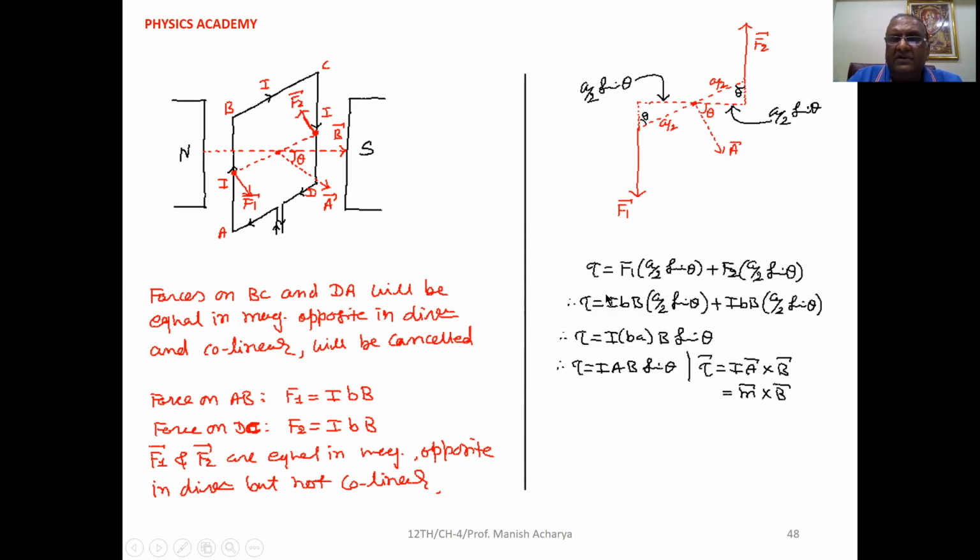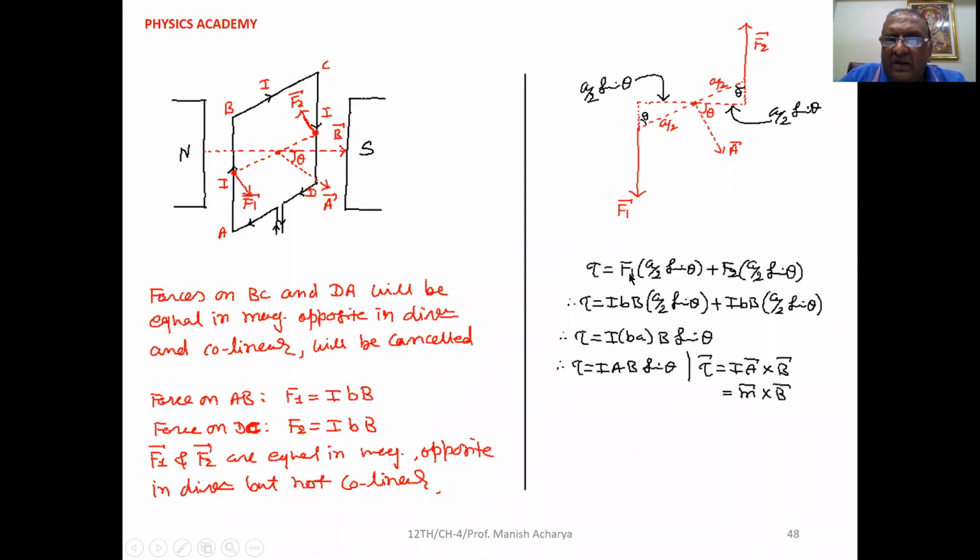So the resultant torque tau is equal to F1 into perpendicular distance a by 2 sine theta plus F2 into a by 2 sine theta, because both the torques produced by both the forces give rotation in the same direction. So here these two torques sum up. Clear up to this one?